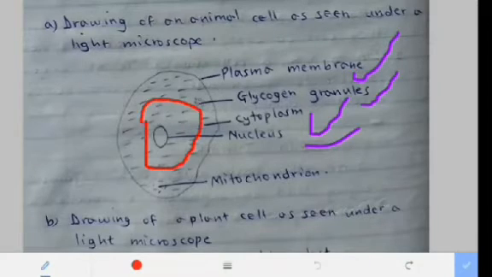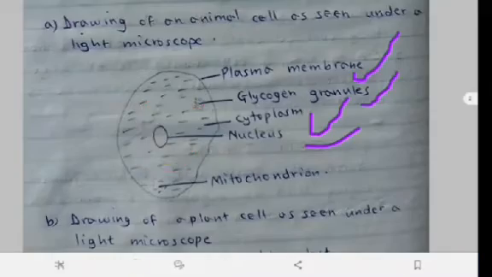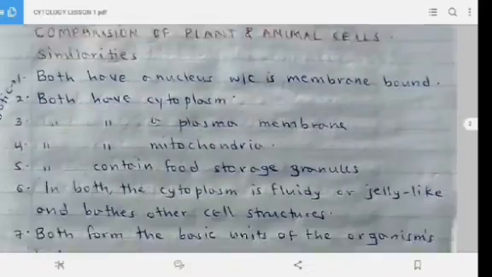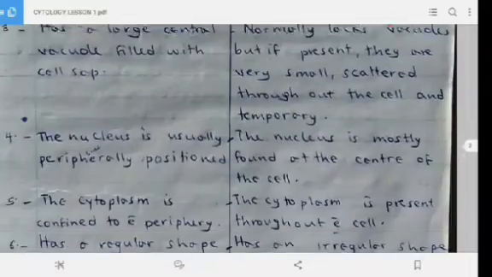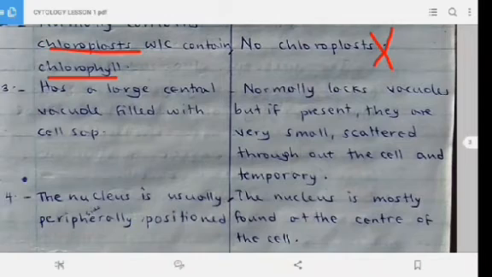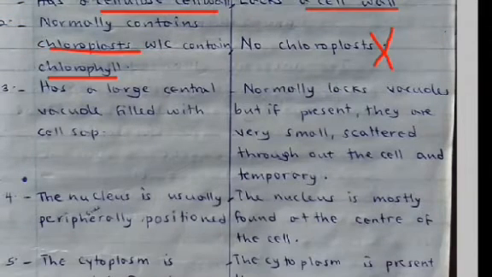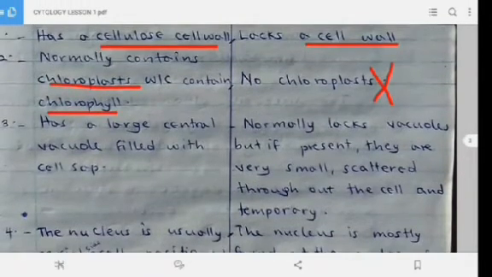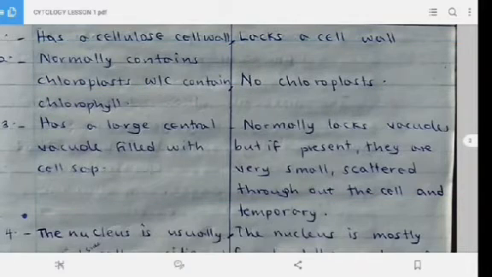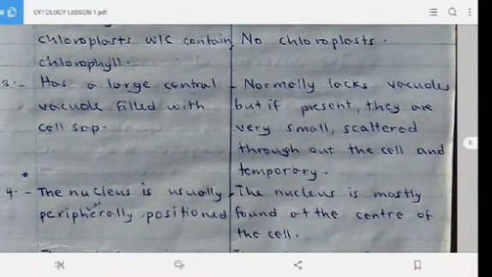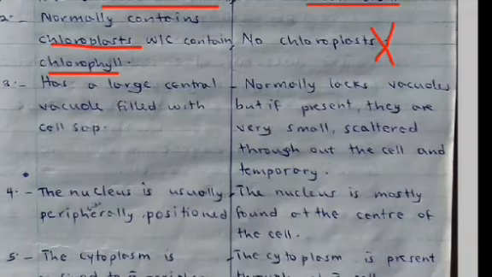So that is another difference. The plant cell has a large central vacuole filled with cell sap, but the animal cell normally lacks vacuoles, but if present they are very small, scattered throughout the cell and temporary.